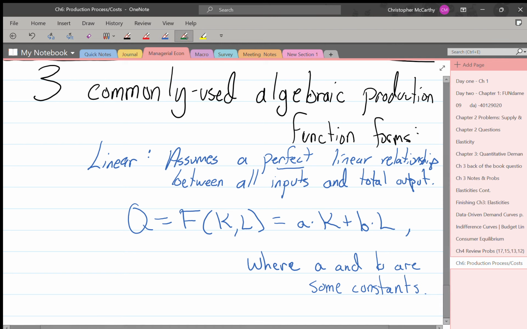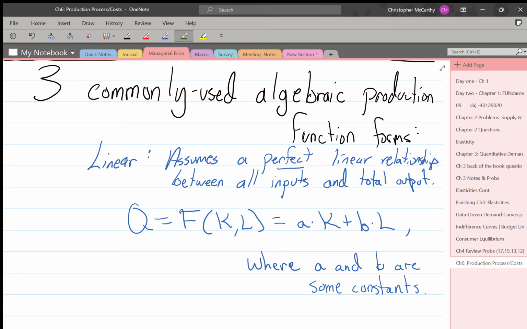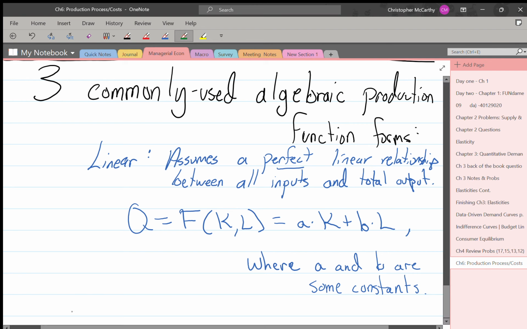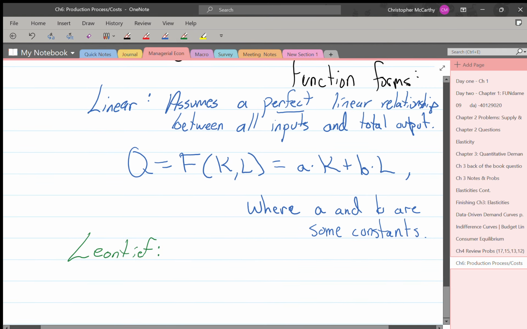The second type of commonly used algebraic production function form is Leontief, named after the gentleman who came up with this type of production form. This one is probably going to hurt your head a little bit.